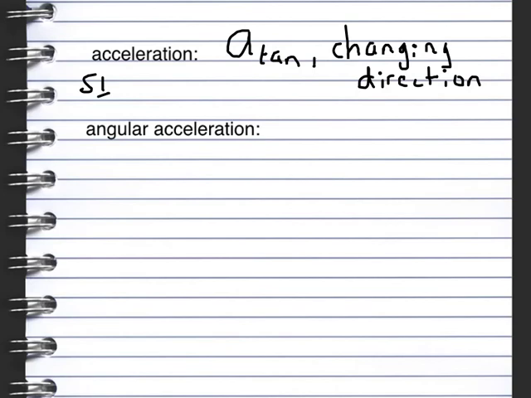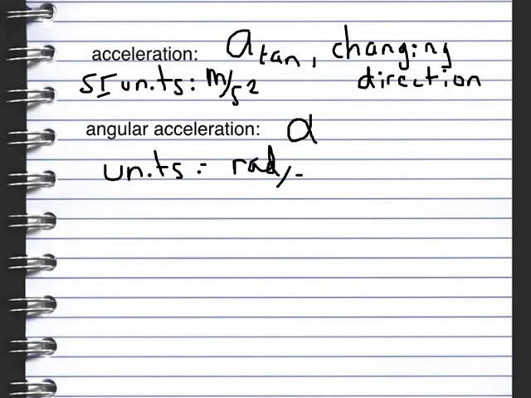The SI units of acceleration are meters per second squared. Angular acceleration, we use the Greek letter alpha to describe this one. It's going to have units of radians per second squared. To go from one to the other, the tangential acceleration is equal to the angular acceleration times the radius of the motion.